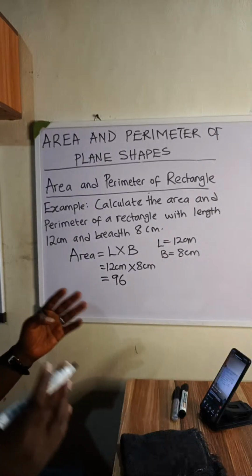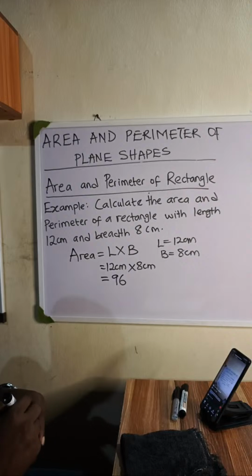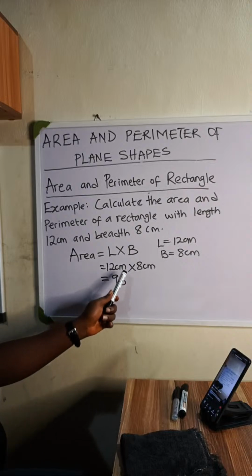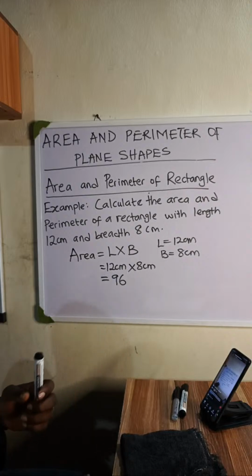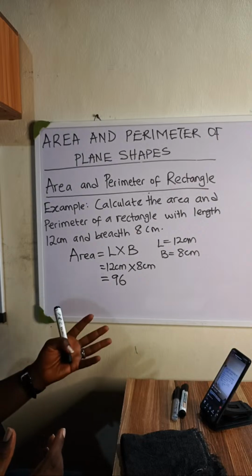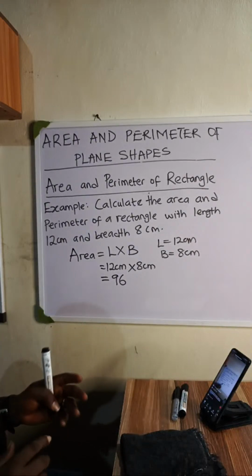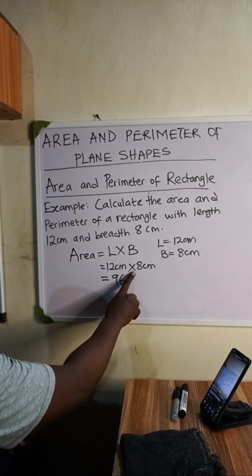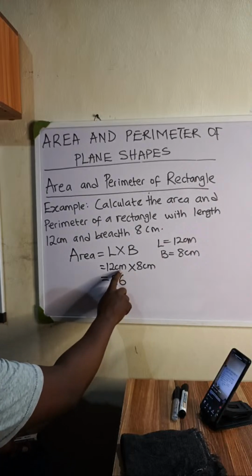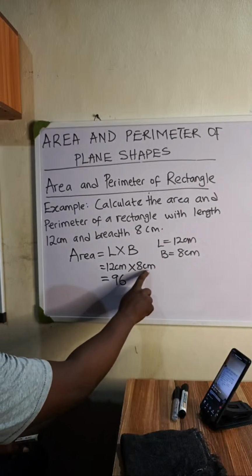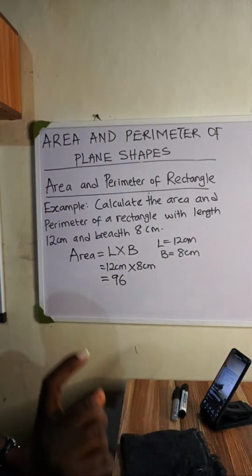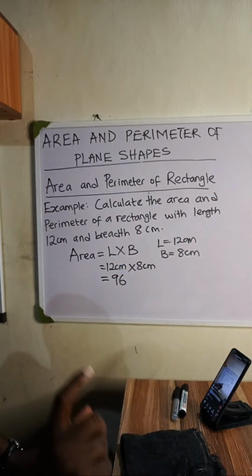But now, something very important for you to take note of: the unit for area and the unit for perimeter. These are two different things. For area, you have a multiplication sign. So you're going to multiply the unit, centimeter multiplied by centimeter. Just as you multiply the numbers, you also multiply the units.